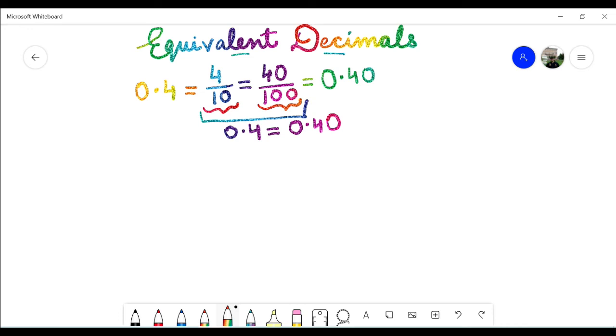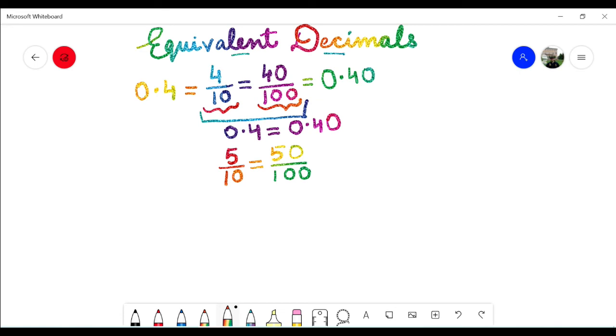Similarly, if we see a fraction 5 upon 10, if we multiply the numerator and denominator by 10, we get an equivalent fraction 50 upon 100.